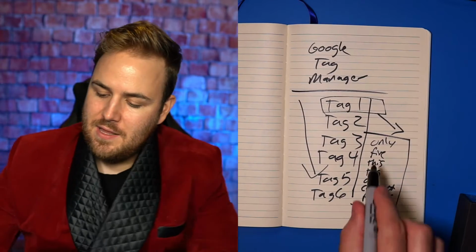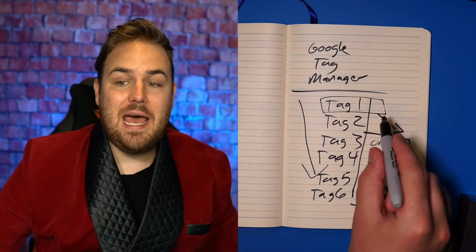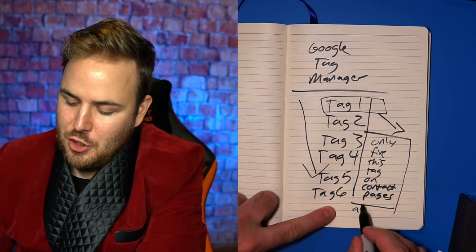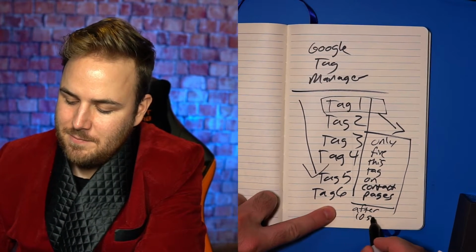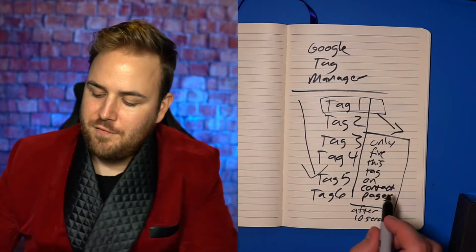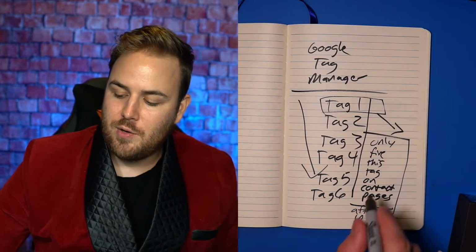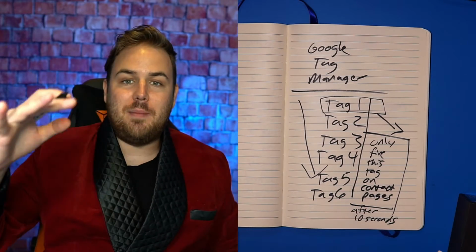So then this tag for my chat app is only going to fire on the contact pages after, let's say, 10 seconds. So if they start filling it out, let them fill it out. But if they don't do anything after 10 seconds, hit them with the tag 1, which will fire the chat app, which will pop up on the page.